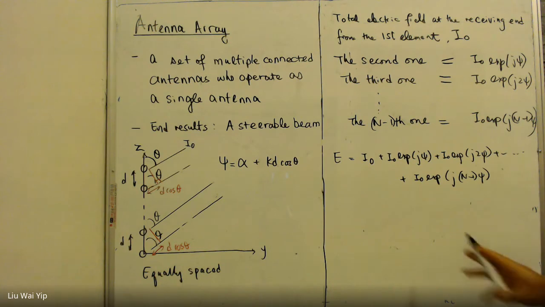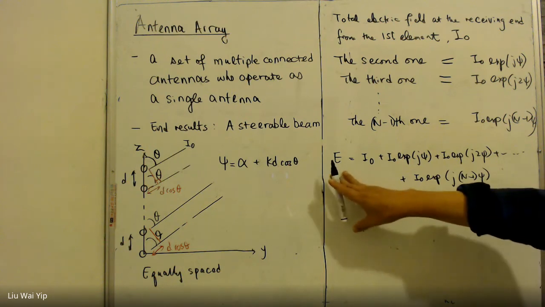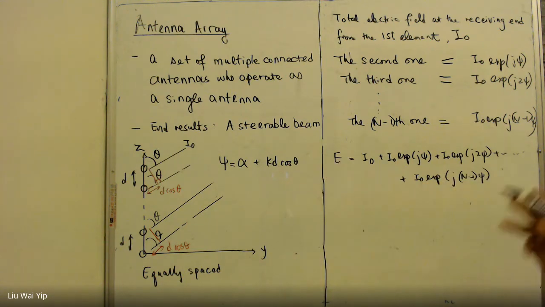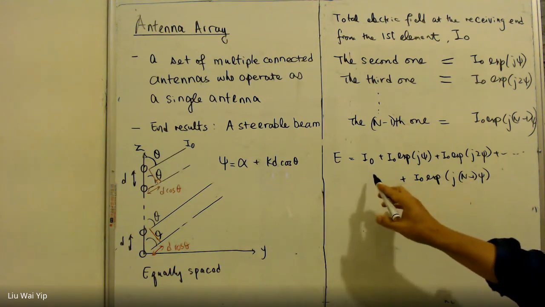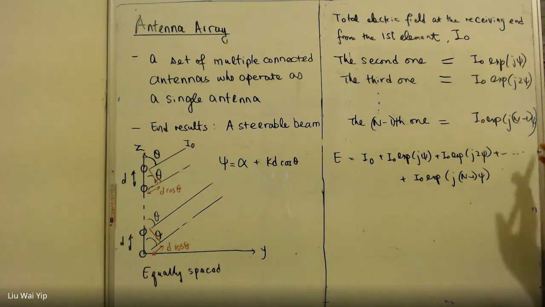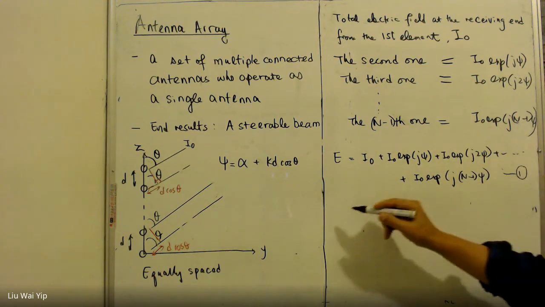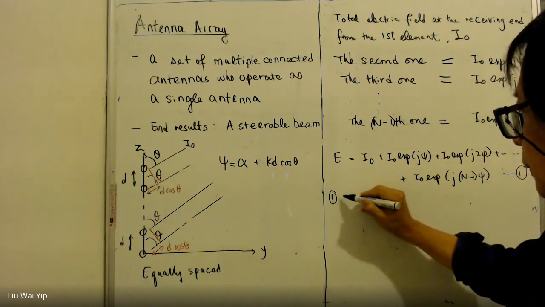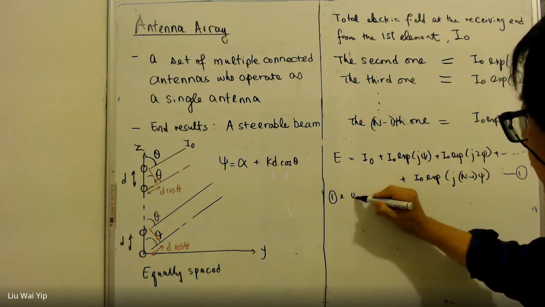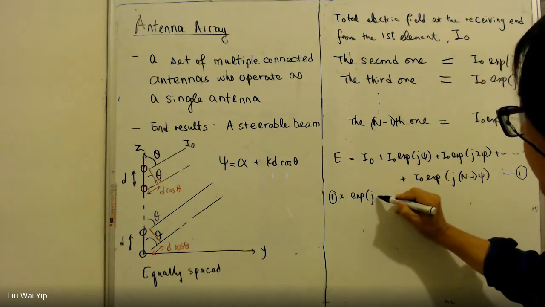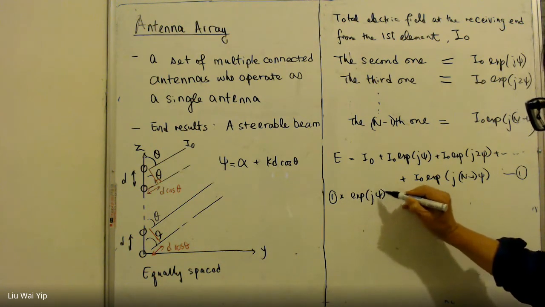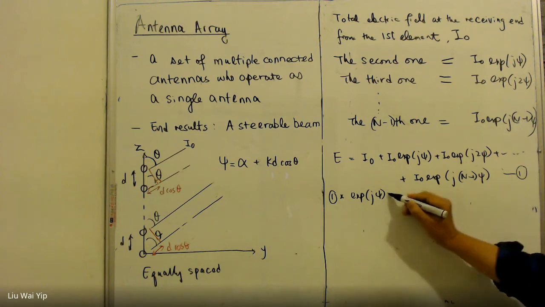And now we are going to simplify this expression and try to come up with a formula representing E, the value E. And what we can do, to solve this equation, is multiply the left and right sides of this equation by, say, e to the j phi. Multiply this and see what happens.